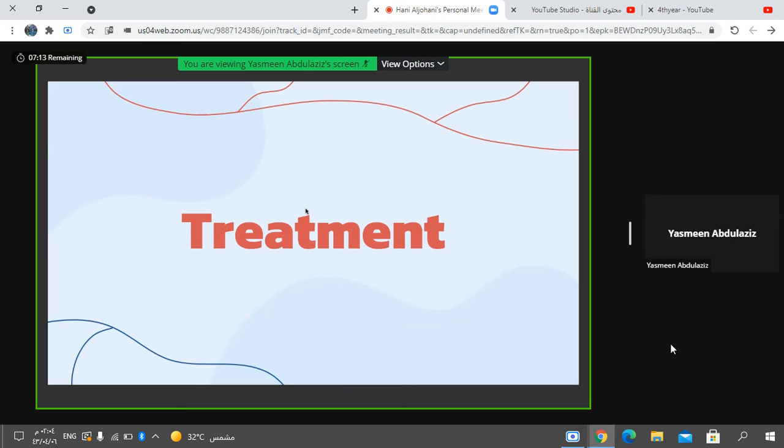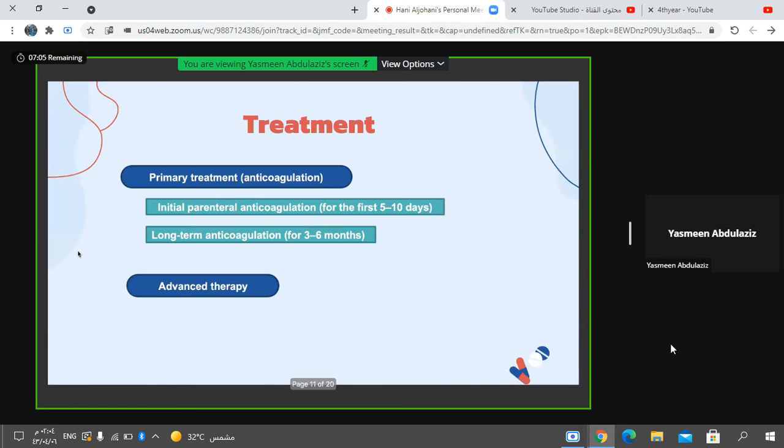Okay, hello everyone, I'm Yasmin Al-Fawzan. Now we will continue with the treatment once a DVT is diagnosed. Once the patient is confirmed to have a DVT on duplex imaging, he should be rapidly anticoagulated.